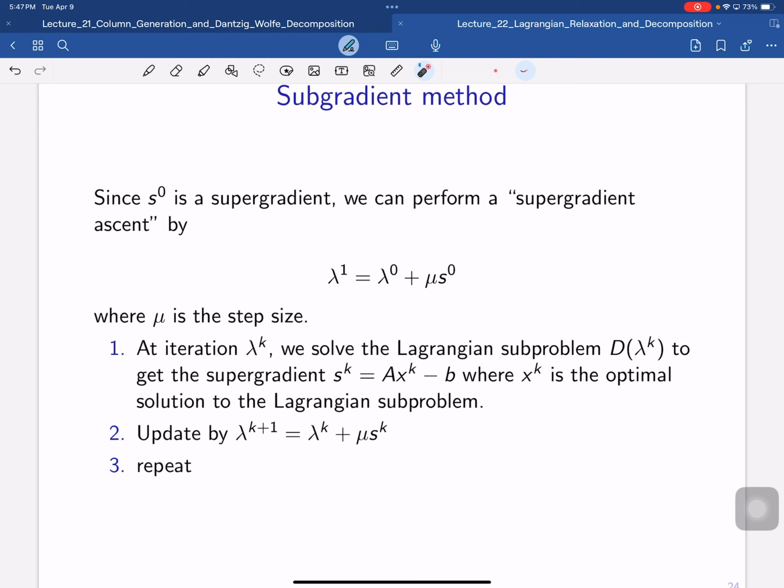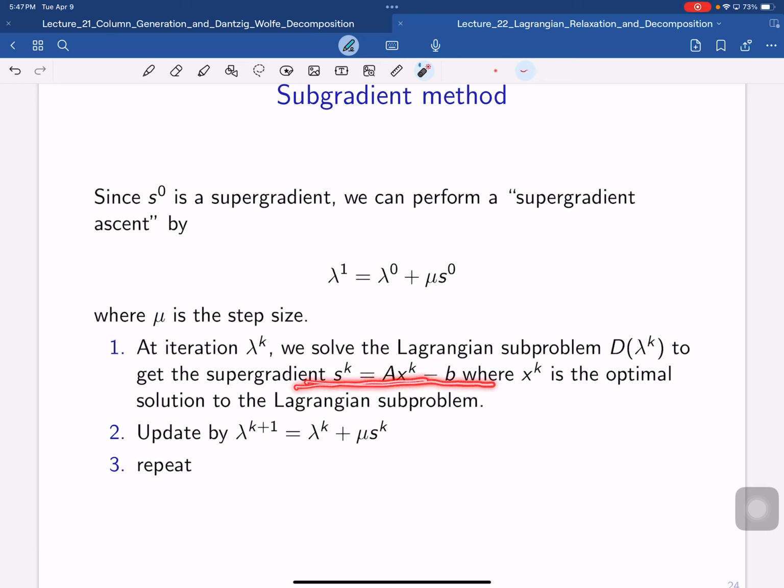The solution x k gives you a supergradient s k equal to A x k minus b, where x k is the optimal solution to the Lagrangian subproblem, and then you can update the Lagrangian multiplier by doing a gradient ascent step, basically.